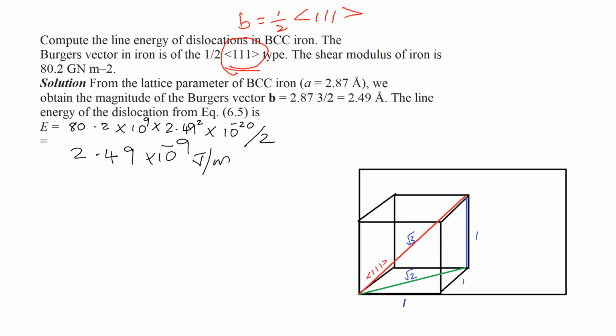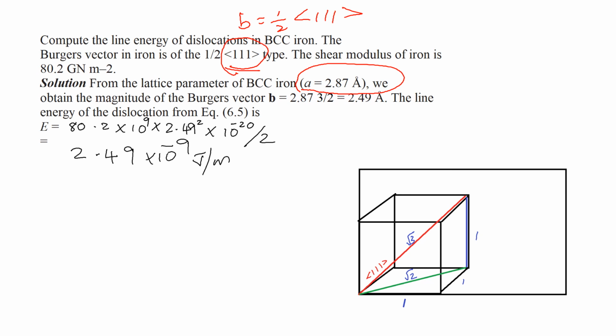The lattice parameter of the BCC structure of iron is a equal to 2.87 angstrom, that we obtained from the standard value tables. Now you have to find how much is the length of the 111 direction. The 111 direction is the line shown here in this diagram, the red color line, that is 1 along x, y and z axis.